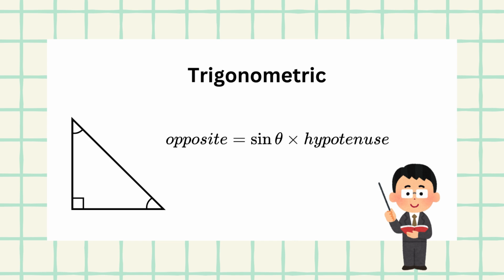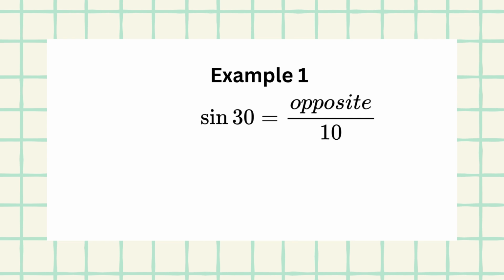Let's start with sine. If you're given an angle and the hypotenuse and you need to find the opposite side, you can rearrange the sine formula to the one showing here. Opposite equals sine times hypotenuse. Let's have an example. Sine 30 equals opposite over 10. To work this out, we substitute the unknown as x over 10.